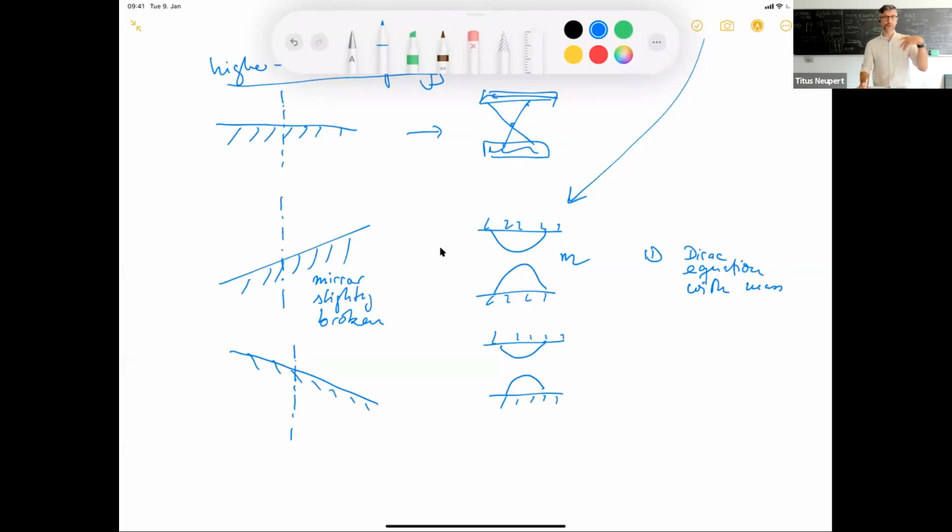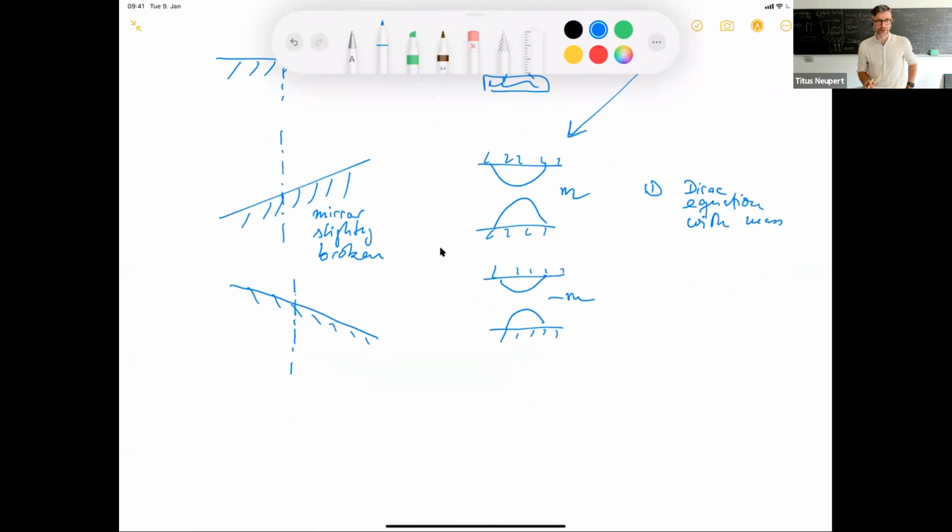But if this mass is really introduced by linear order in this kind of tilting angle, then going to negative angle, I should have the negative mass. You don't see that in the spectrum of the Dirac equation, but it's still intrinsically there. And now I need to appeal to some knowledge in Dirac theory, and it's an interesting part to study if you don't know it.